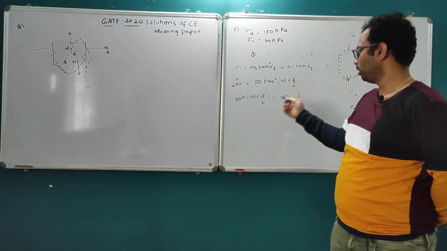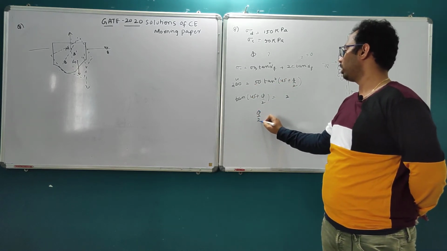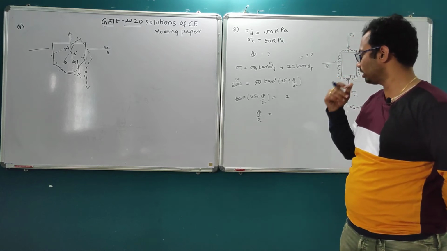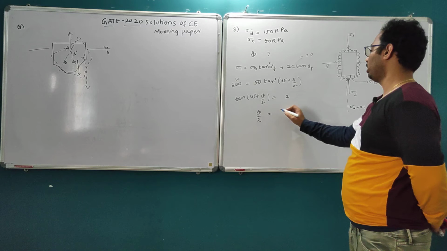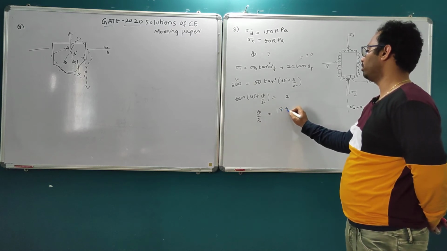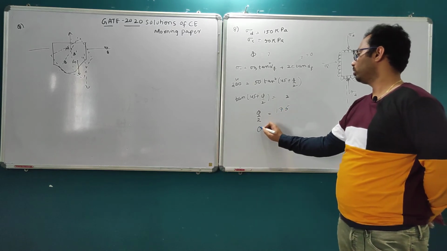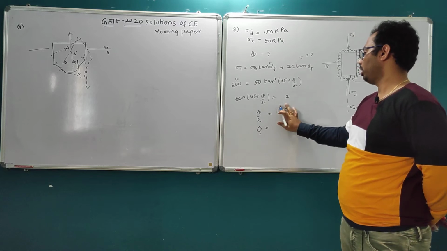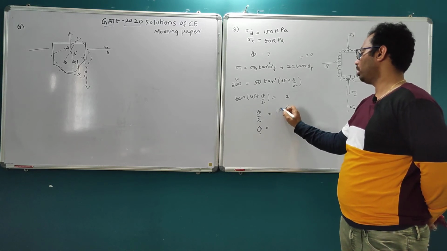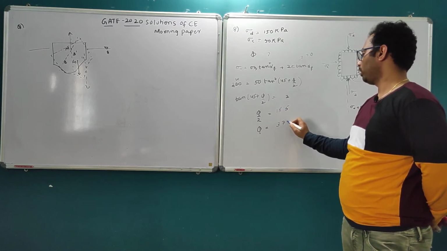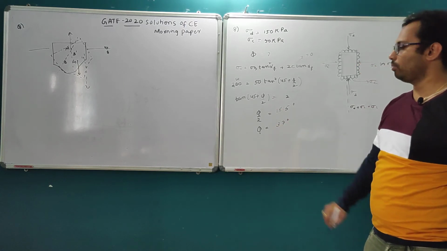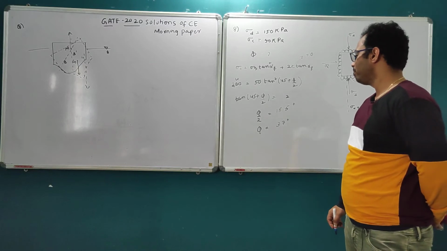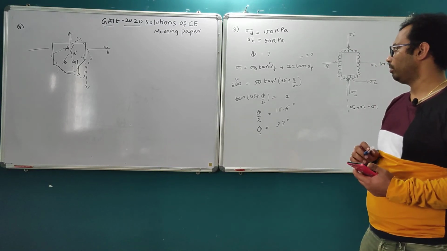Phi by 2 is approximately 18.5, so phi is approximately 37 degrees.